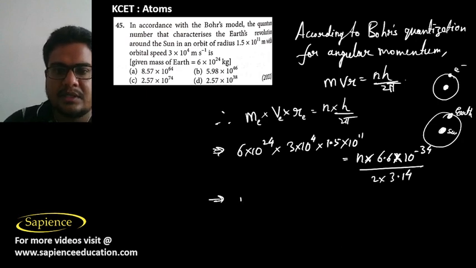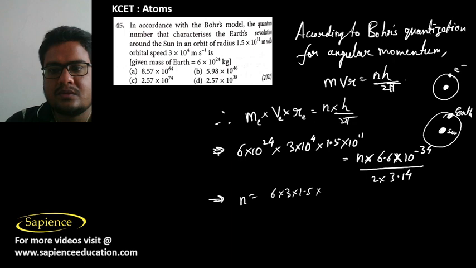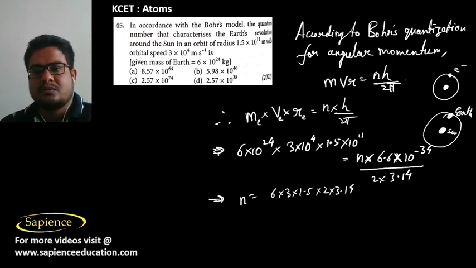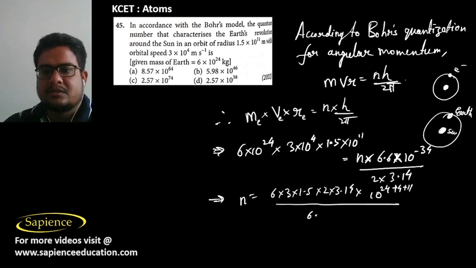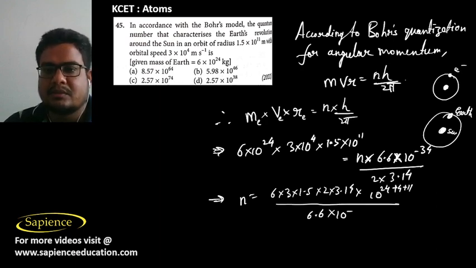So then this n is equal to 6 into 3 into 1.5 into 2 into 3.14 into 10 power 24 plus 4 plus 11, divided by 6.6 into 10 power minus 34.